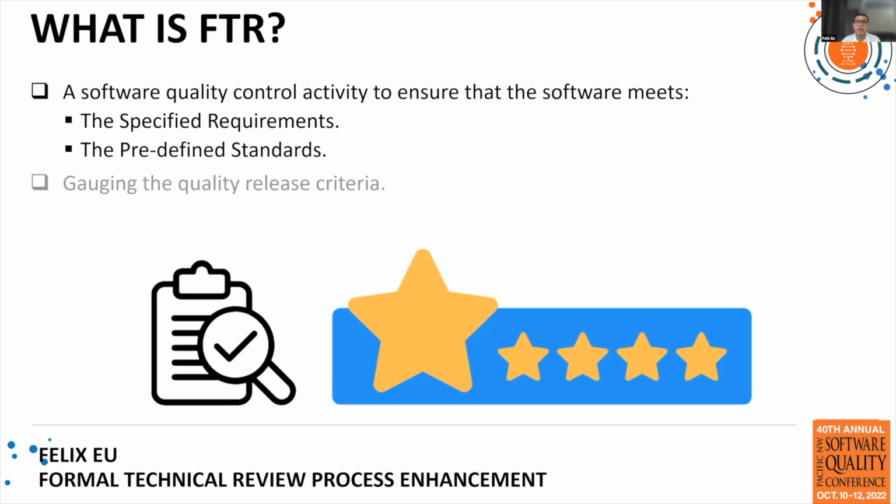The FTR process is one of the important elements in guiding software quality release and reducing the unnecessary costs to fix the mistakes incurred in the project. In order to meet this criteria, we need to implement an effective FTR process to ensure the successful delivery of the project so the organization can benefit from the success.